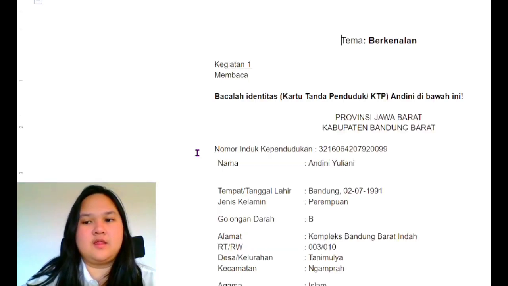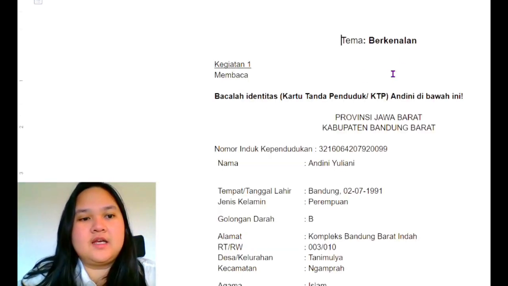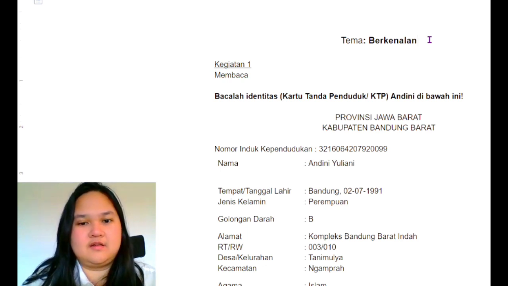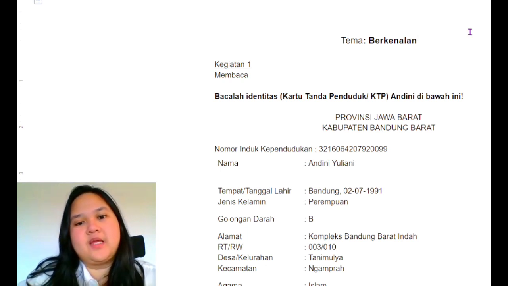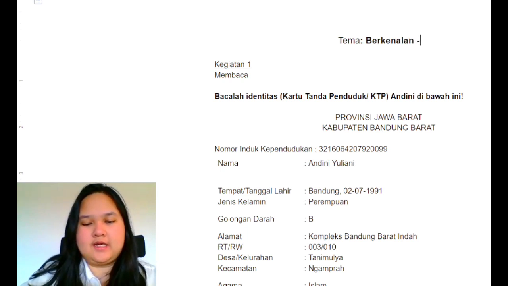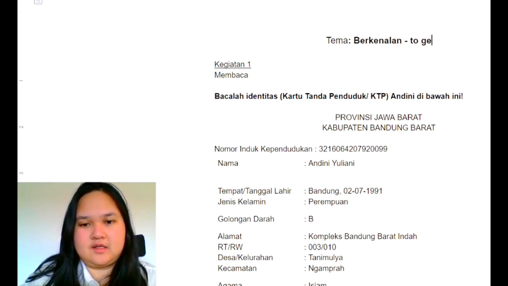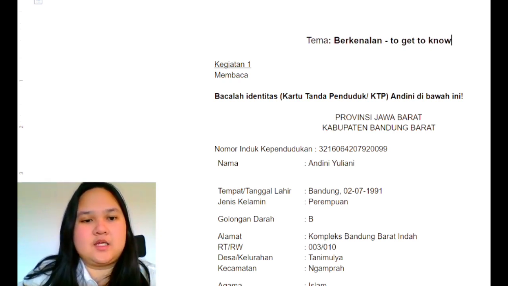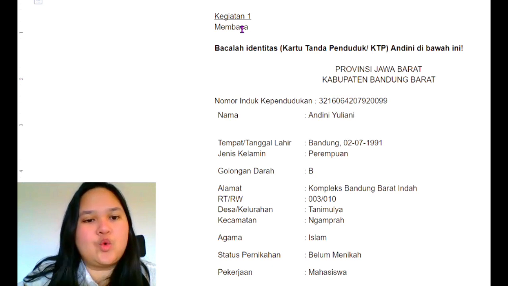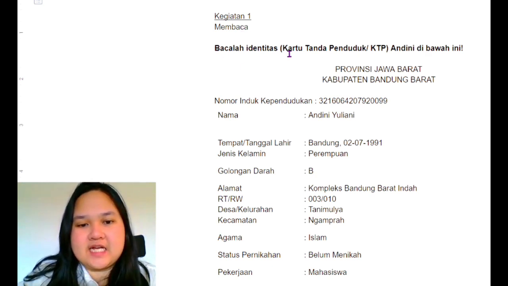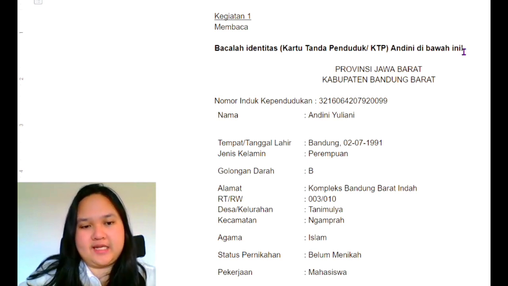We have the next part here. The next chapter is berkenalan. Berkenalan means to get to know. Here in activity 1, kegiatan 1, bacalah identitas KTP Andini di bawah ini, ya.